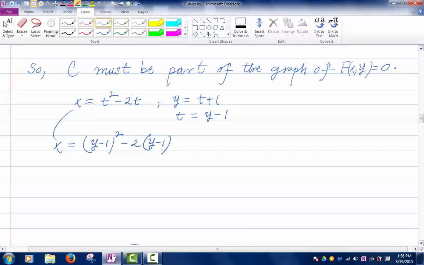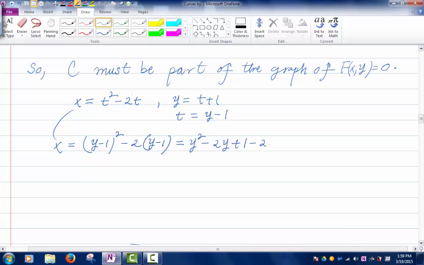And I obtain an equation involving x and y only. Hopefully this equation would be a familiar equation that I know how to sketch the graph for. So this would be equal to what? Let's simplify this. You're going to multiply out (y minus 1) squared. So what is that? y squared minus 2y plus 1.